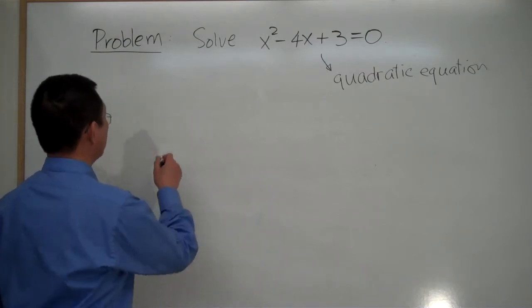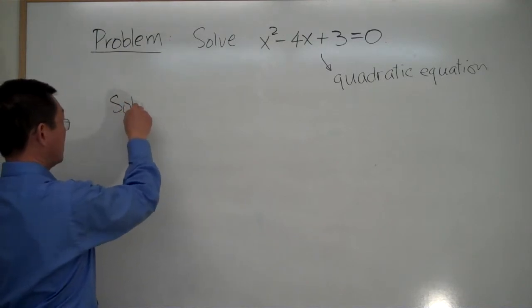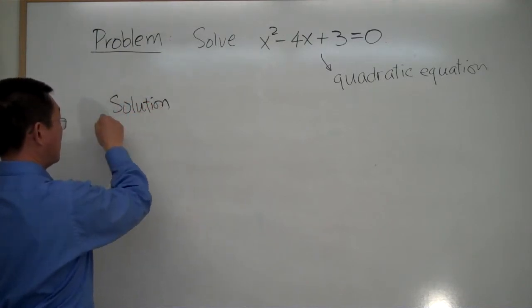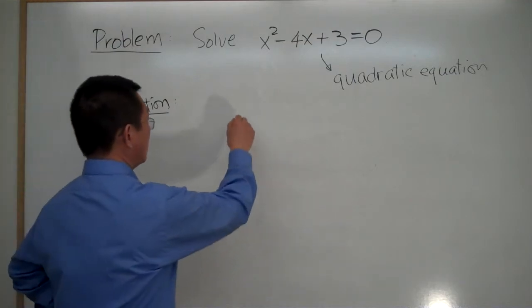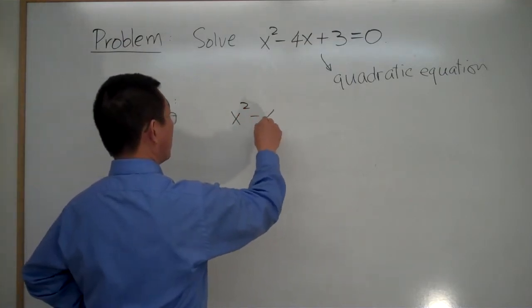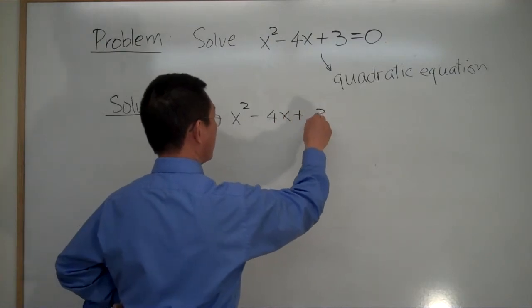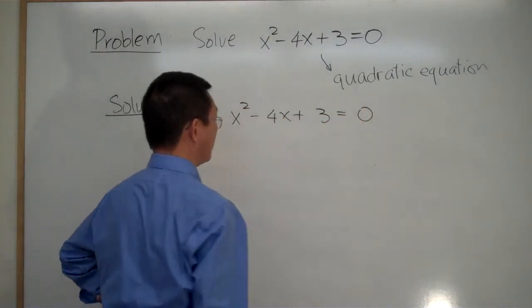So here's our solution. We start with the equation x squared minus 4x plus 3 equals 0.